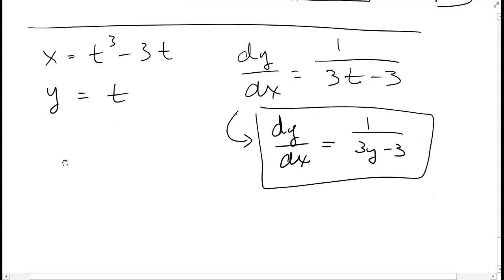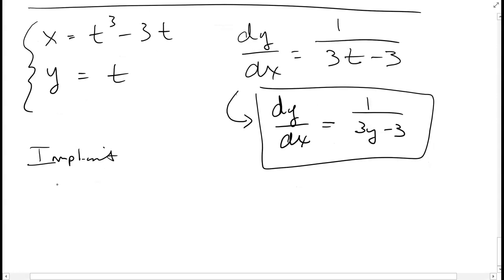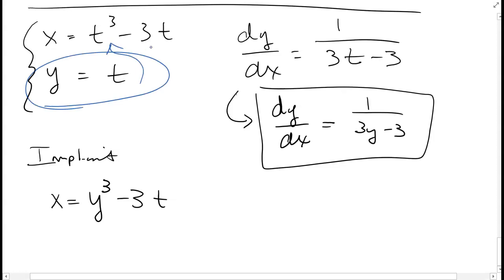Now, to do implicit differentiation, number one, you've got to turn your parametric into a non-parametric equation. So knowing y equals t, x equals y cubed minus 3y, I just plugged that into there.